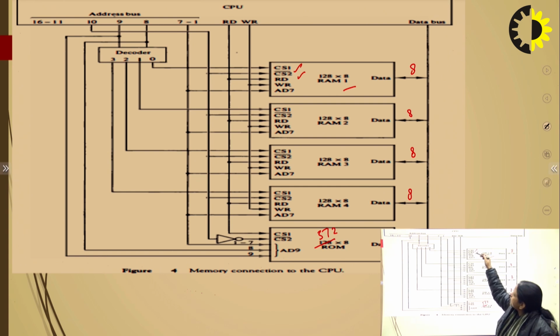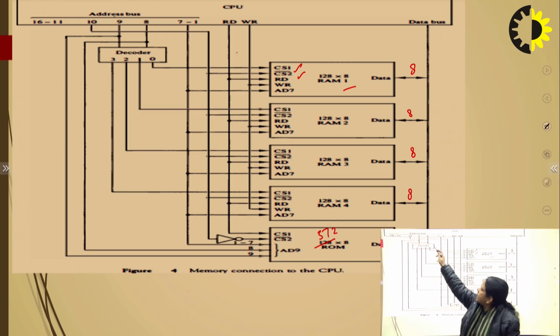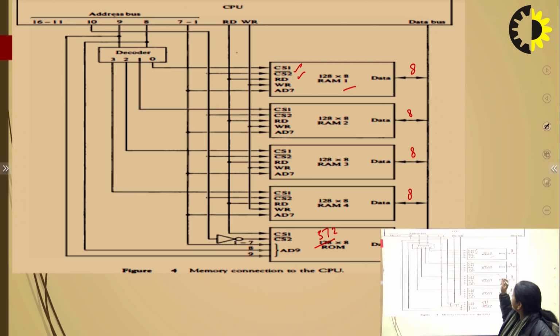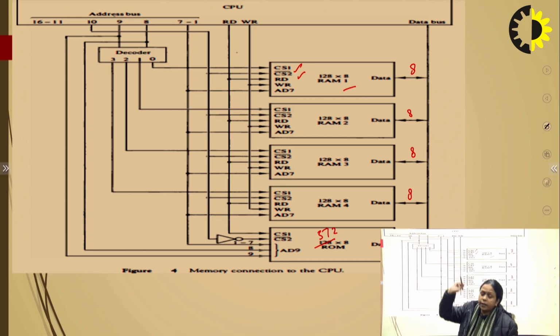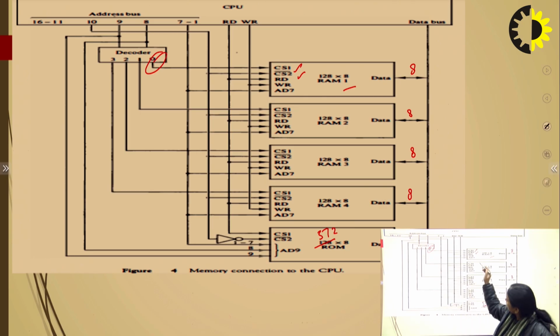Here CS1 is used for the selection of the chip between RAM 1, RAM 2, RAM 3, RAM 4. The 8 and 9 bits are used for the decoder, to find out the RAM between these 4 RAMs. If the value of the 8, 9 bits is 0, 0, then the output of decoder 0 will be 1, so RAM 1 will be selected.